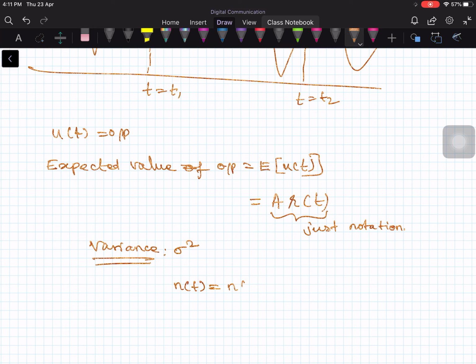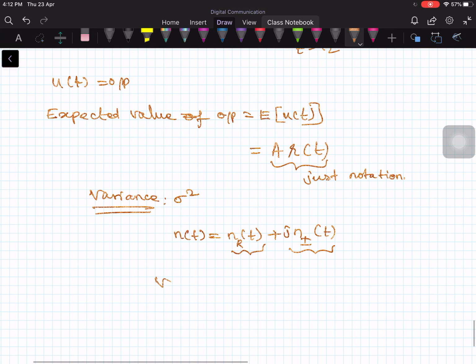Therefore you have n sub r of t, the in-phase component, plus j times n sub i of t, the quadrature component, as the real part and imaginary part. The variance of the real part is sigma square, and the variance of the imaginary part is sigma square.